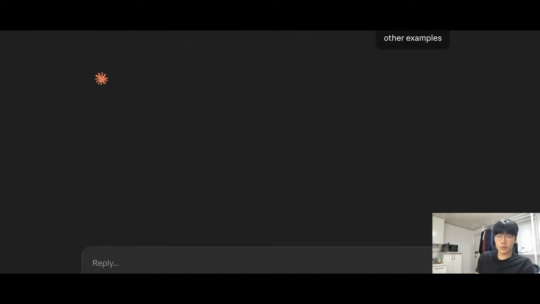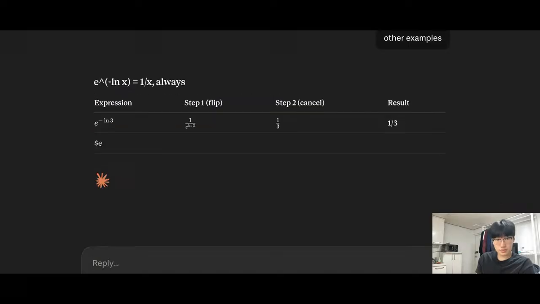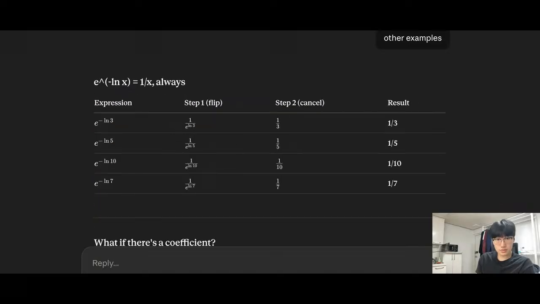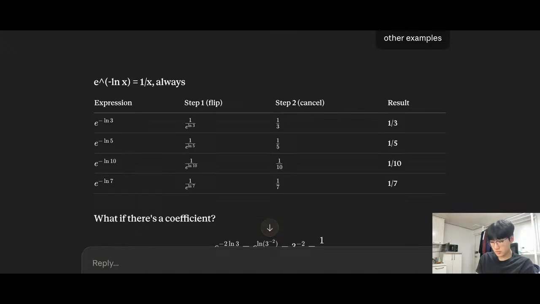Let's ask for more examples so I can practice. So e^(-ln 3) equals 1/3. Same goes for e^(-ln 5).